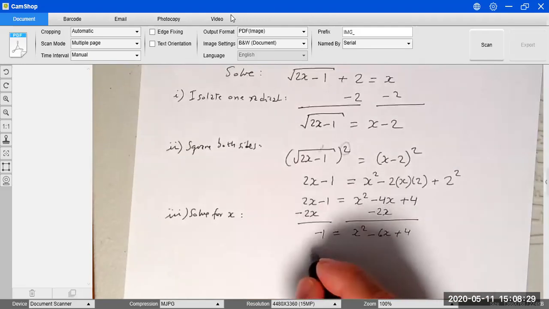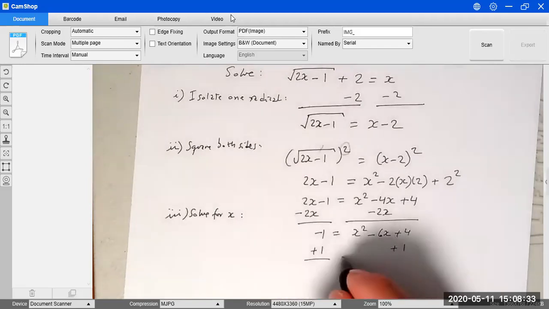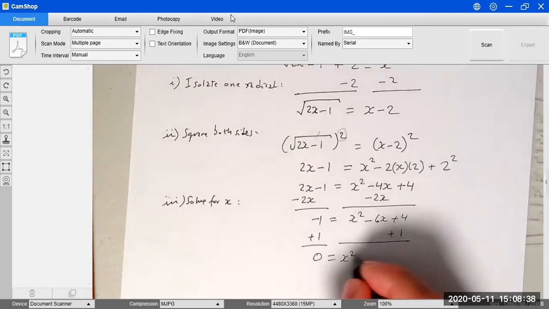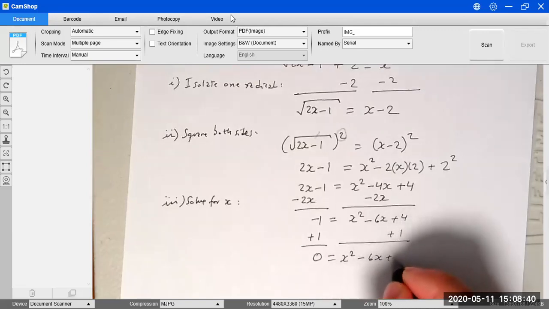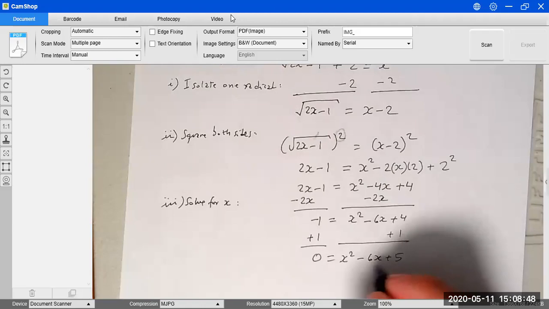Then we're going to add 1 to both sides of the equation now. So you get 0 on the left hand side. You get x squared minus 6x plus 5 on the right hand side. So now we're going to factor the quadratic equation to find a solution.